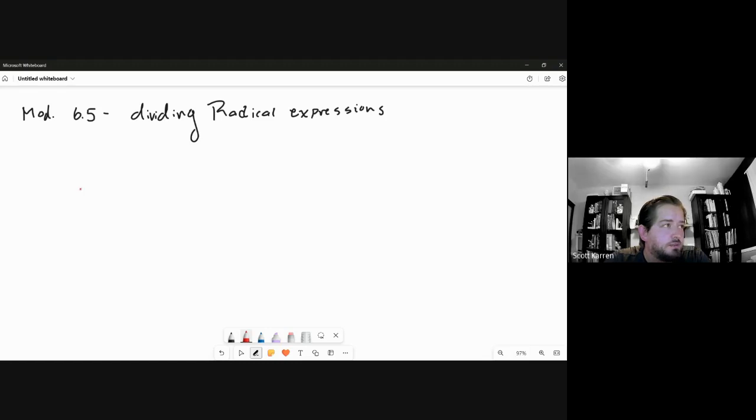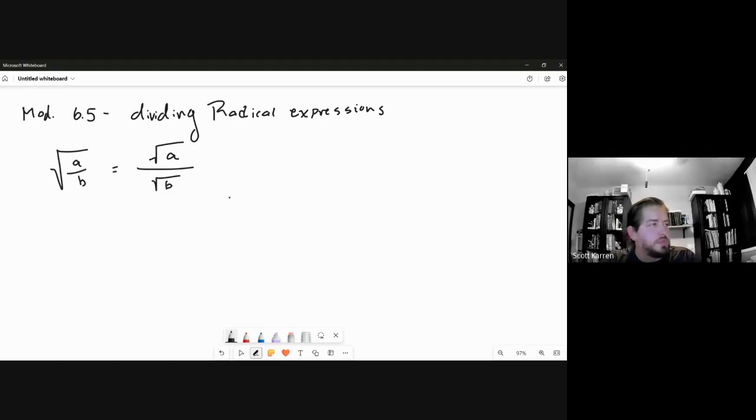We have seen already this. If I have the square root of some fraction, that can be rewritten as the square root of the numerator divided by the square root of the denominator, right? And that fits for the square root or any root.